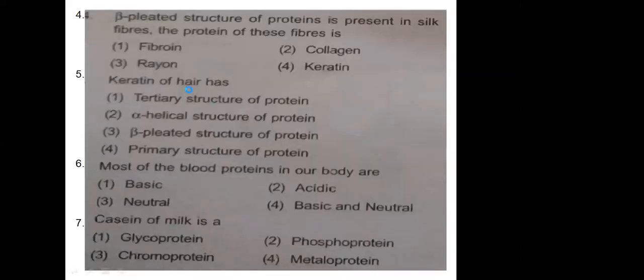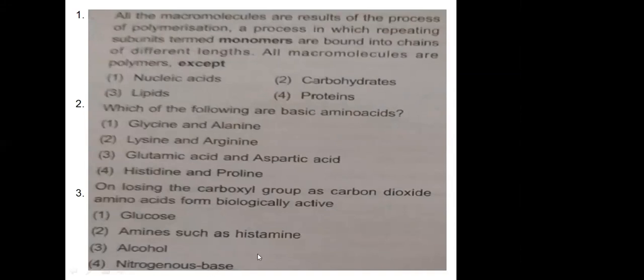First, all the macromolecules are results of the process of polymerization, a process in which repeating subunits termed monomers are bound into chains of different length.